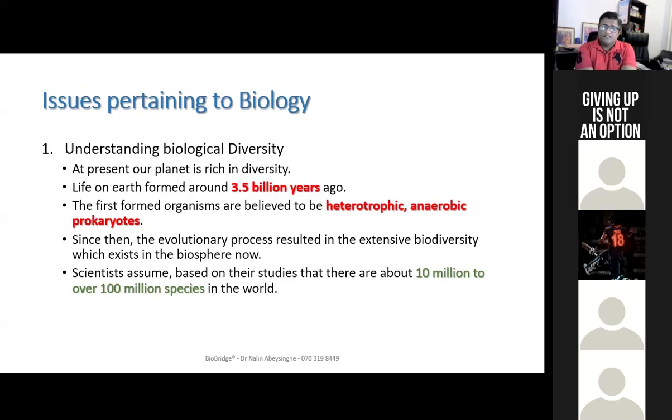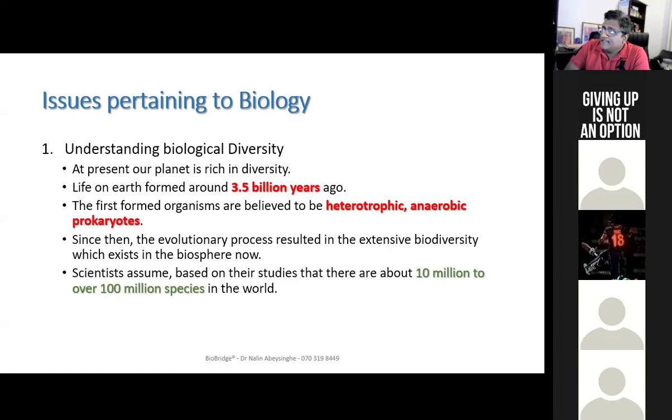These are the issues pertaining to biology, and it's mentioned in your syllabus, and we have to study it, and you'll be getting questions. We already got questions from this part, and we'll see. So one of the main issues pertaining to biology is understanding biological diversity.